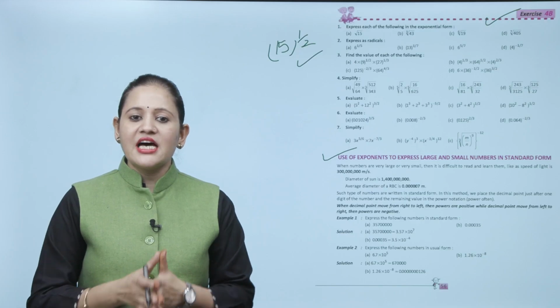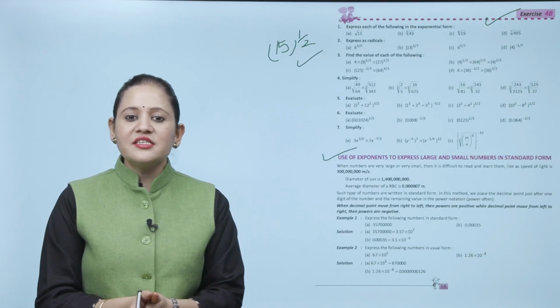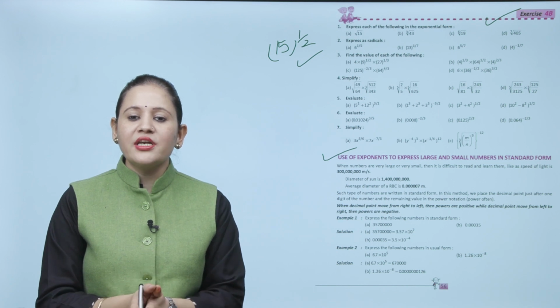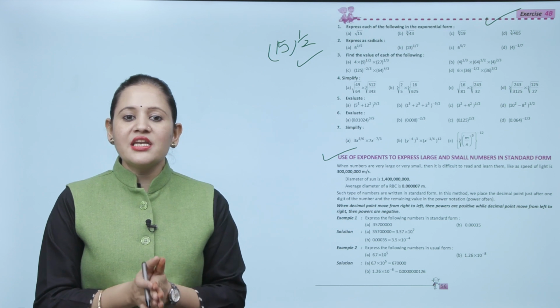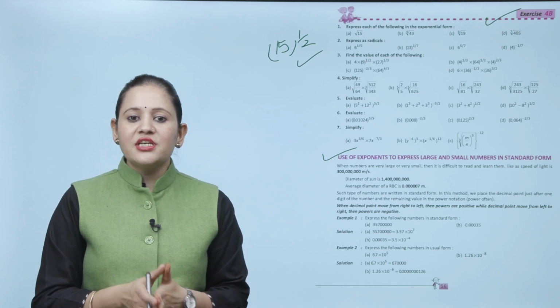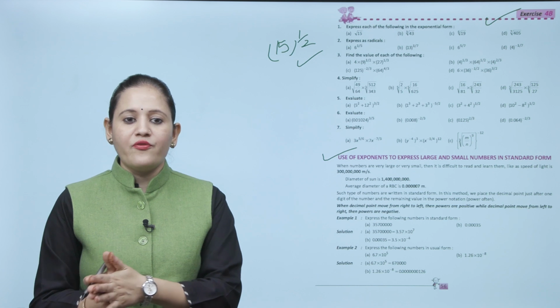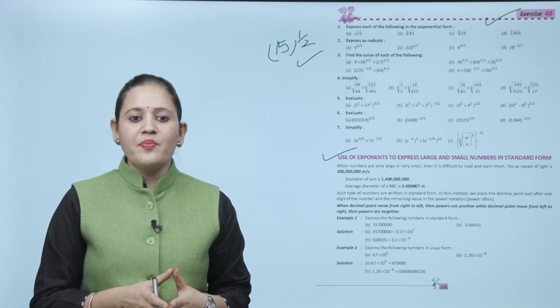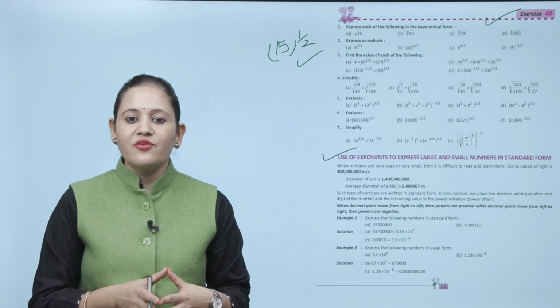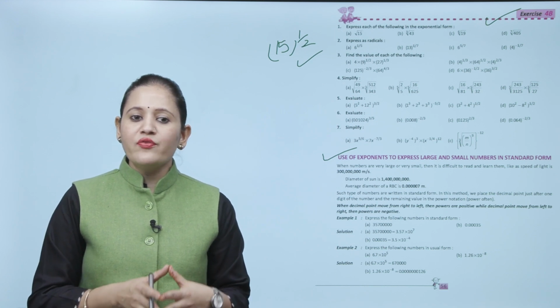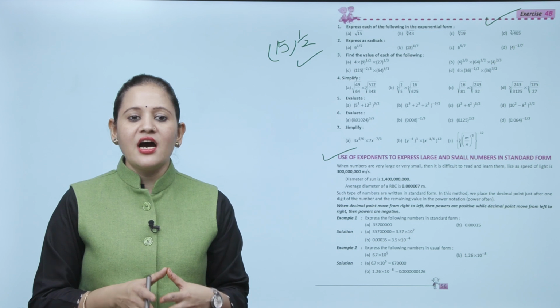Such numbers are written in standard form. In this method, we place the decimal point just after one digit of the number and the remaining value in power notation, or power of 10. When the decimal point moves from right to left, the powers are positive, while when the decimal point moves from left to right, the powers are negative.